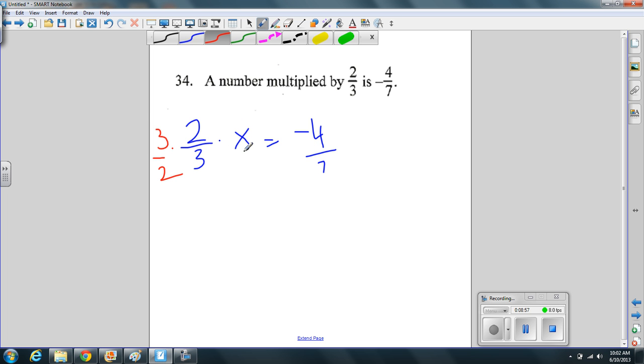The goal is to isolate the variable. So if I multiply by the reciprocal, they cross-reduce. So I times this side by 3 over 2. These 3's reduce, these 2's reduce, leaving me with 1x equals negative 12 over 14, which equals negative 6 over 7.